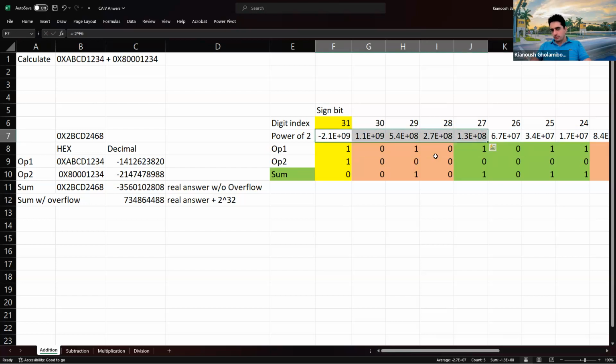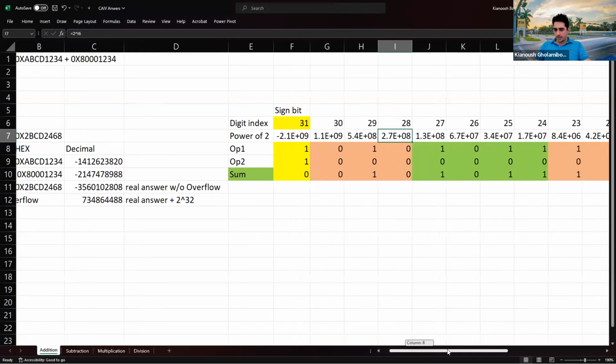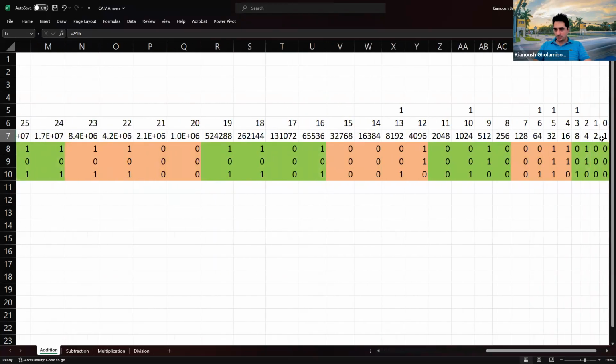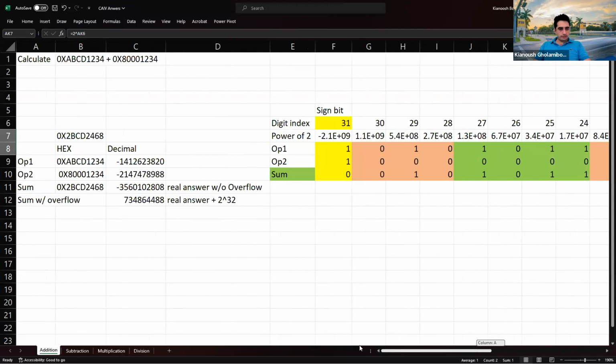In other words, we want to find the sum of multiplying every digit with its corresponding power of 2. So 1 times this plus 0 times this plus 1 times this plus 0 times this, all the way to the last bit, or I should say bit 0 with weight 1. When you do all of that, the answer would be this.